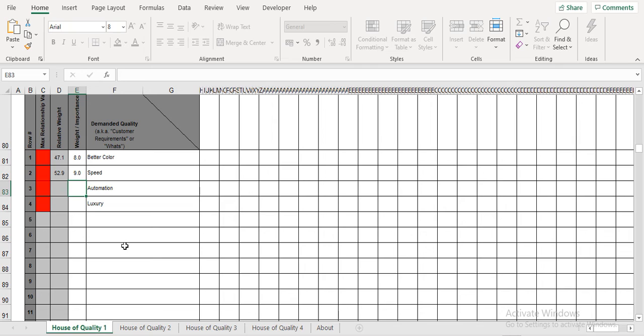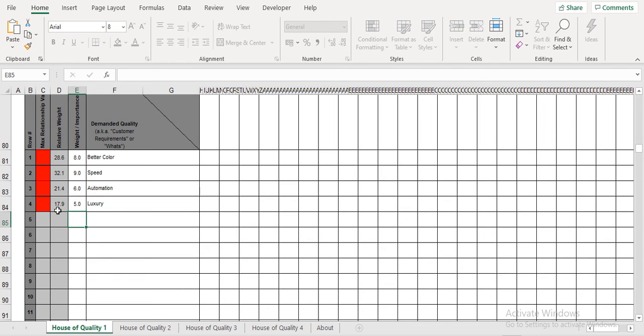Automation is very important to me, but only 6%, because even if automation is not there, I can drive my car. Luxury is more important if I'm a rich person; if I am a normal person, it is not that important. So on average, I can consider 5. These are the values that I achieved as relative weight.